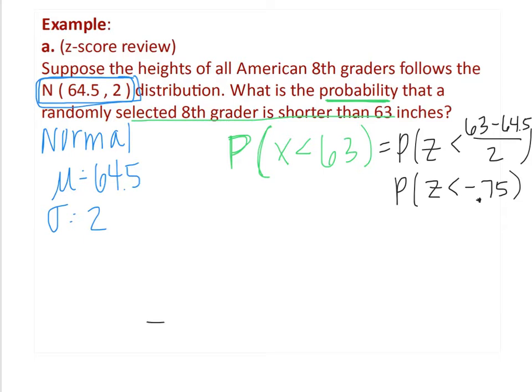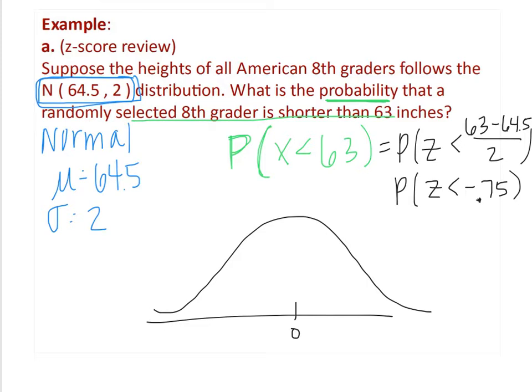So I draw my nice normal curve. I give 0, 1, 2, 3, negative 1, negative 2, negative 3. And negative 0.75 is going to be right around there. And I want to know what's the probability I'm shorter than that, or that this student is shorter than that. So I'm going to shade everything below.